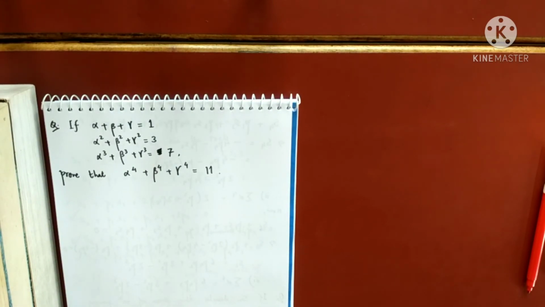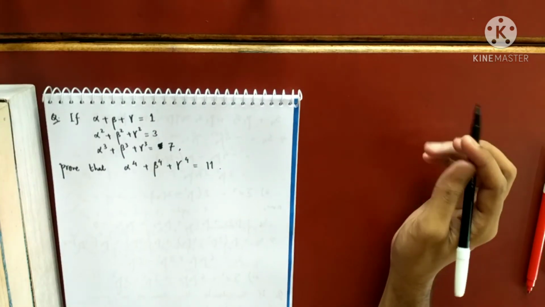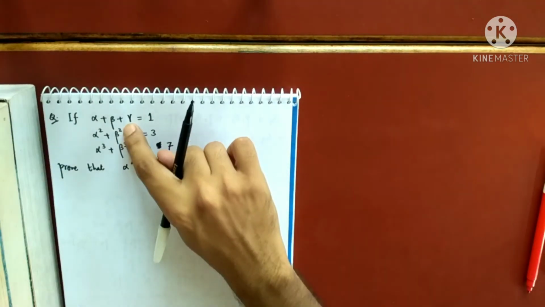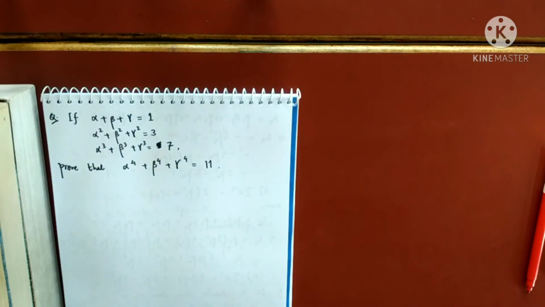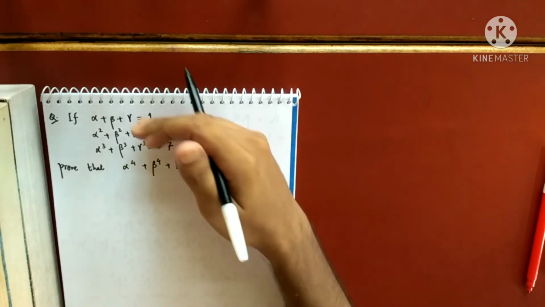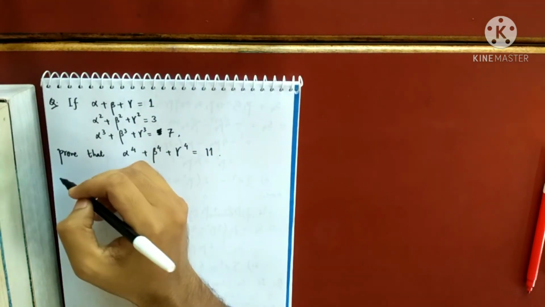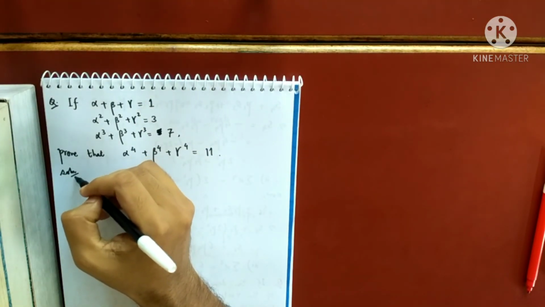So as you can see, this is again relating something to Newton's theorem. Suppose I have a cubic equation whose roots are alpha, beta, gamma. With the help of that, I can solve this. You see how I'll solve this. Here I'll show you the solution.